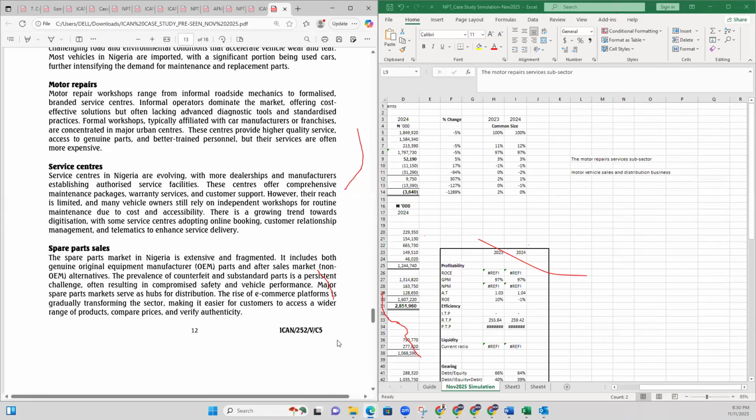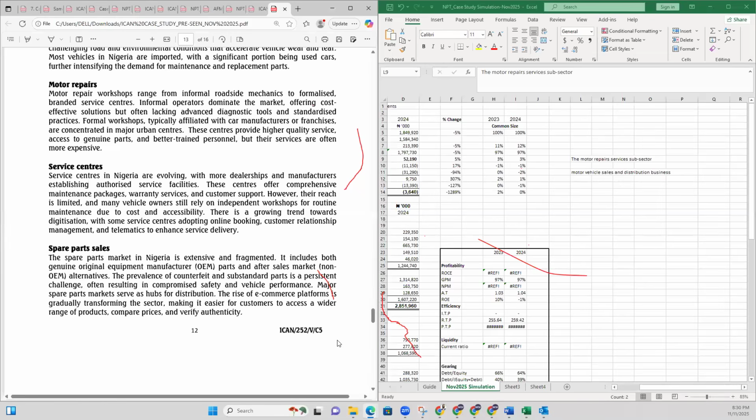Formal workshops, typically affiliated with car manufacturers or franchises, are concentrated in major urban centers.